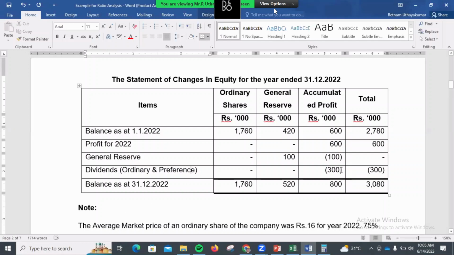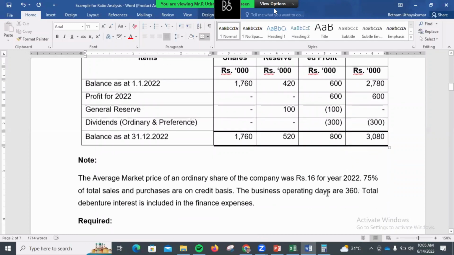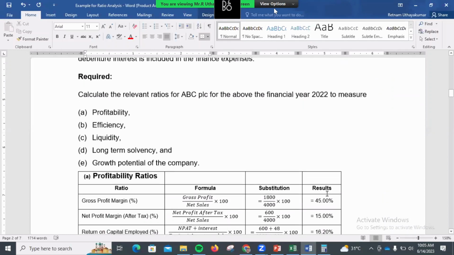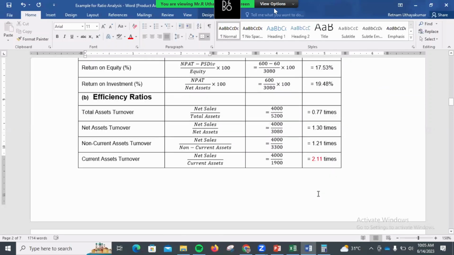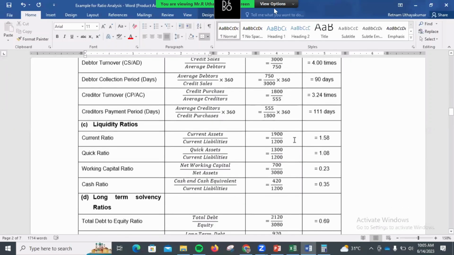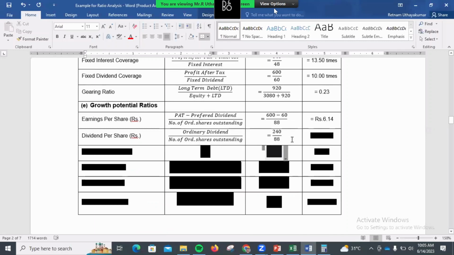Preference, you know, is 600. So the balance is 240. You take that 240 as the total dividend paid during the year. Otherwise, you go to any other notes to identify the dividend declared.